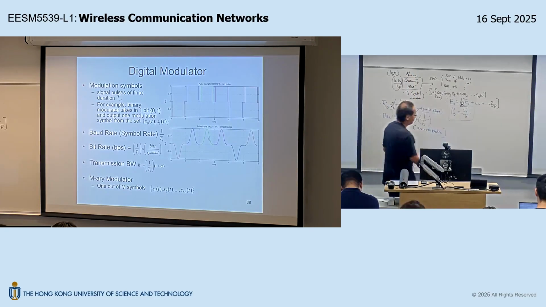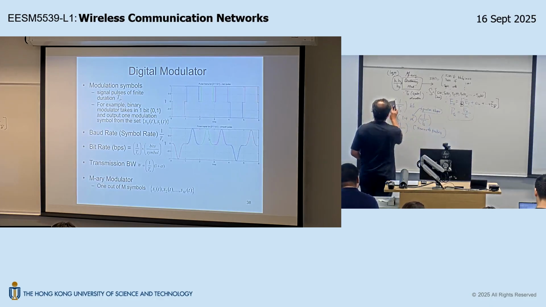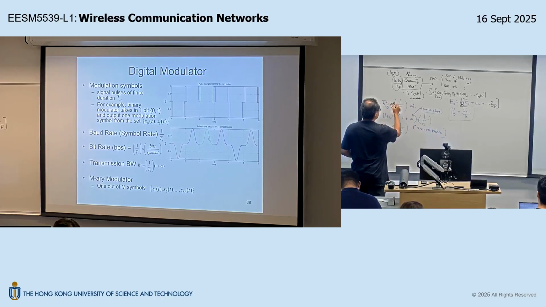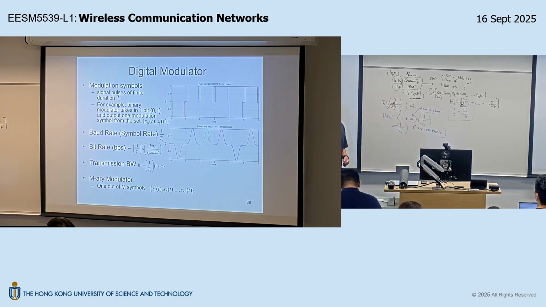With an M-ary modulator, my bit rate becomes log to the base 2 of M times this factor. This factor, log to the base 2 of M, denotes the number of passengers per minibus. How many passengers can I squeeze into a minibus? And this second factor gives me how many minibuses leave the transmitter over 1 second. So the two together give you how many passengers leave the transmitter over a 1 second window, which is the bit rate.